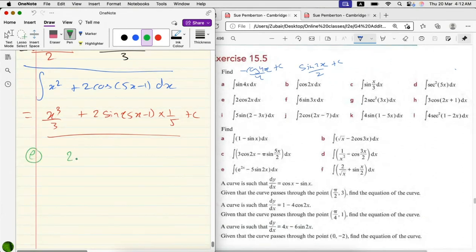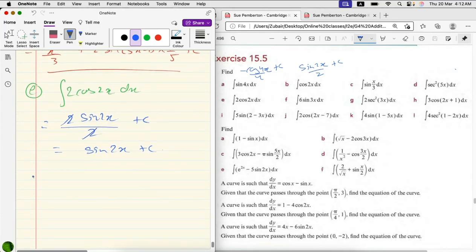E part is integral of 2 cos 2x dx. And yes, cos becomes sine, and we divide with the differentiation of angle. And then there is simplification. So we're left with sine 2x plus c.